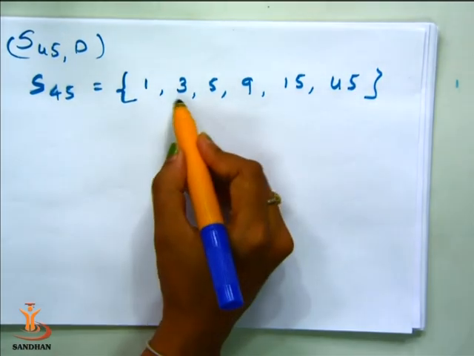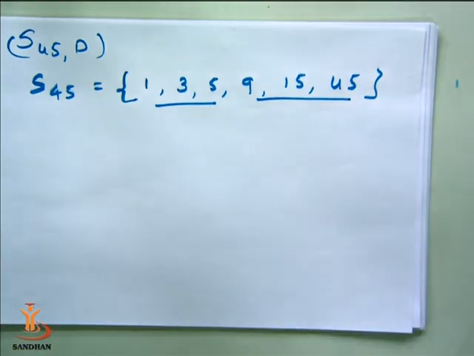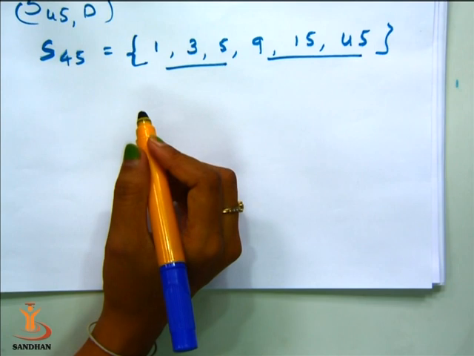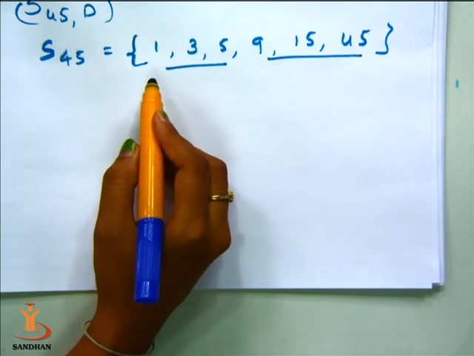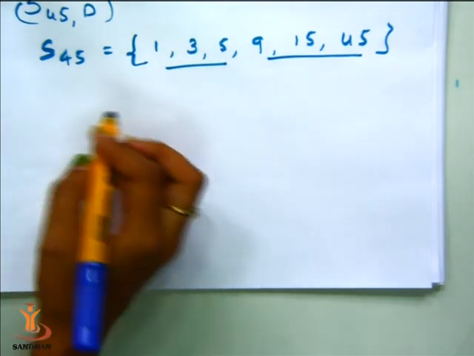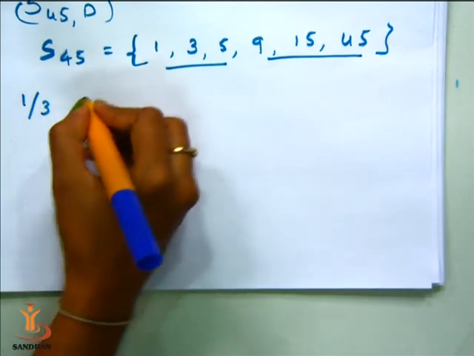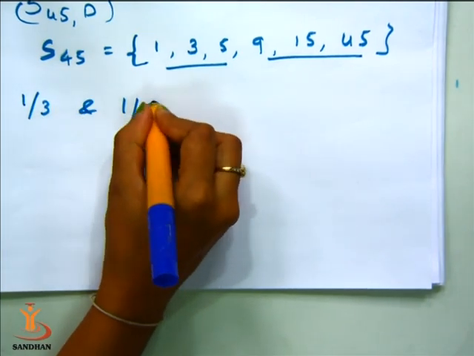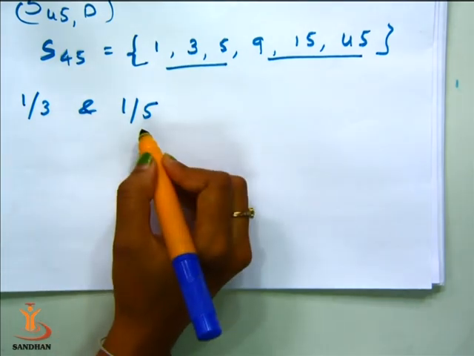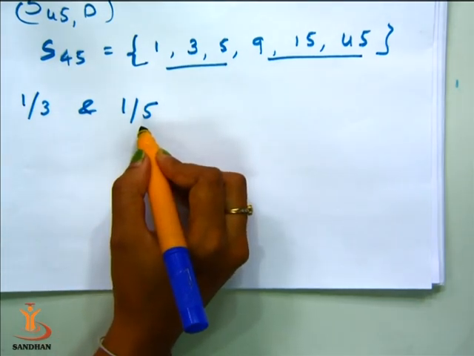So we have 6 elements, all divisors of 45. Now to draw the Hasse diagram, first we have to check the relation between the elements. Here 1 divides 3 and 1 divides 5, so we can join 1 to 3 and 5 here.